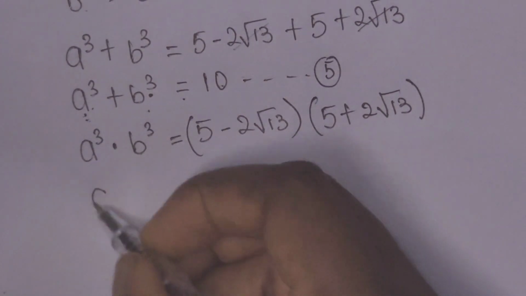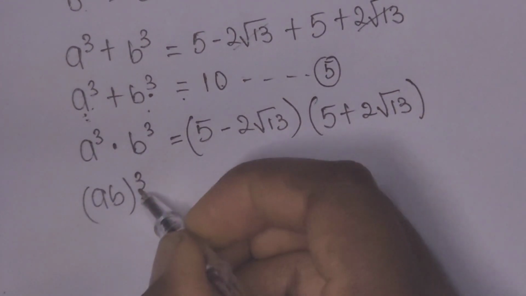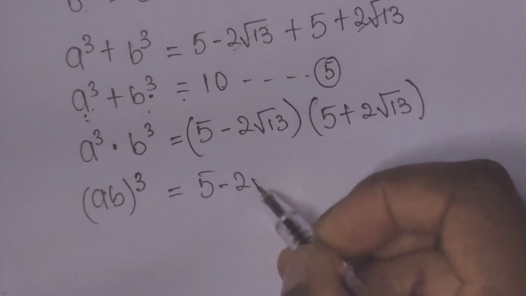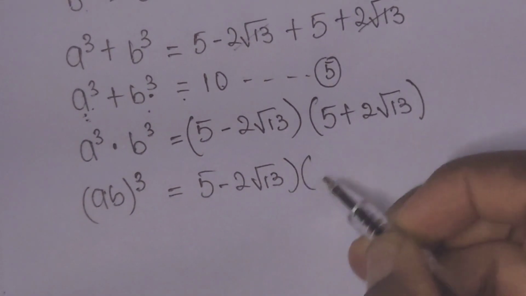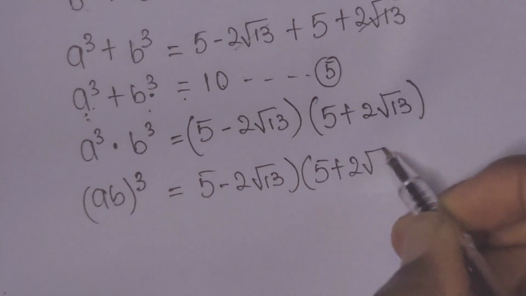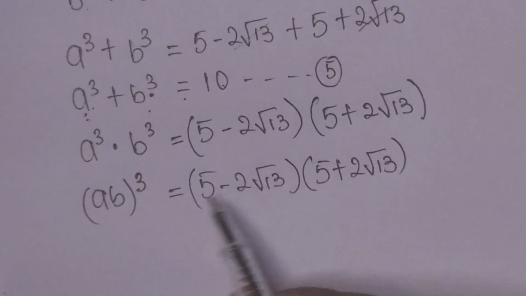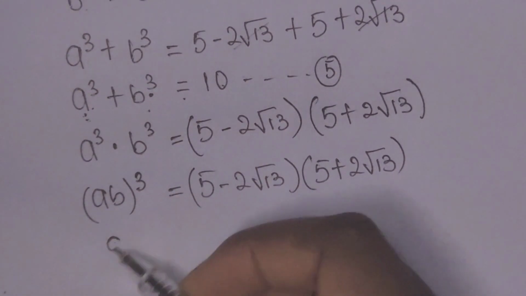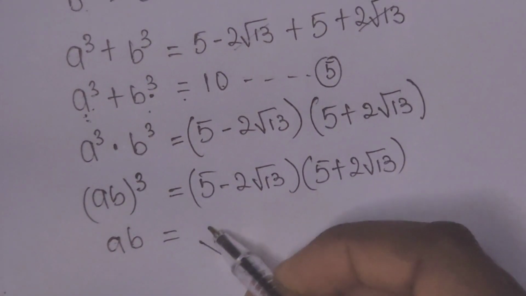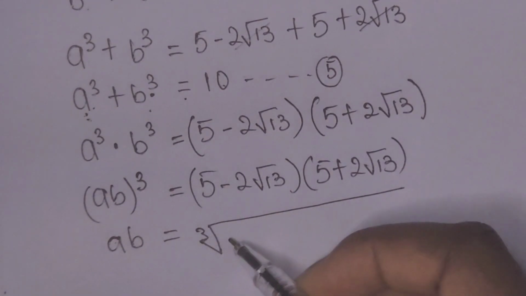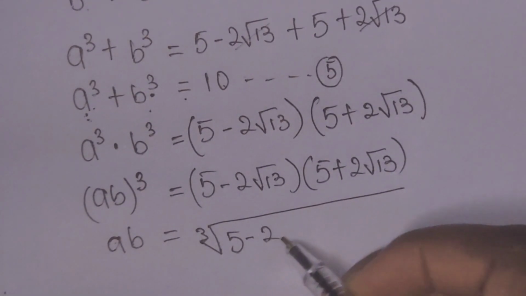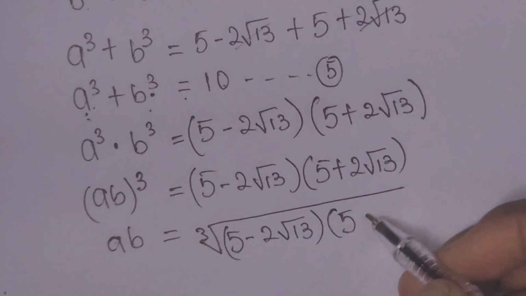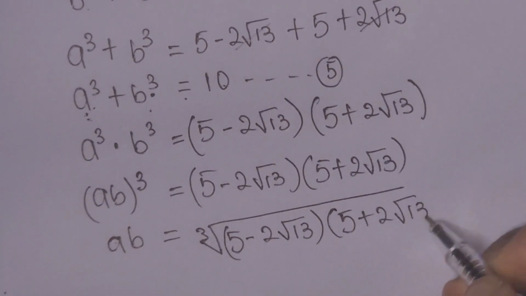So this is the same as ab all to the power of 3 equal to 5 minus 2 root 13 times 5 plus 2 root 13. We can take the cube root of both sides. So this becomes ab equal to the cube root of 5 minus 2 root 13 times 5 plus 2 root 13.